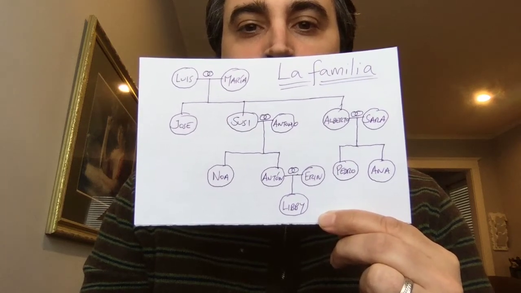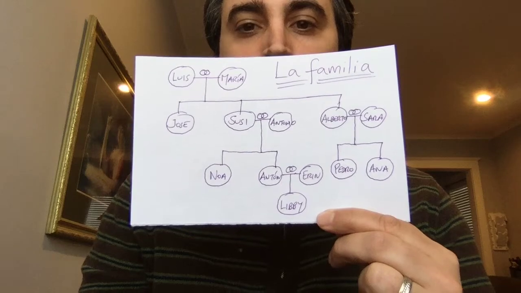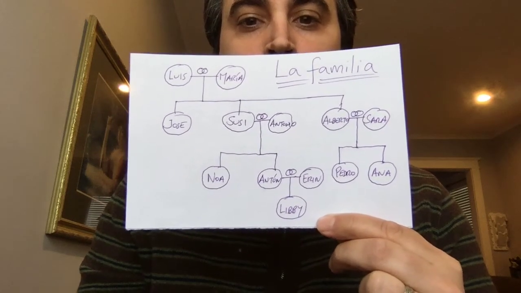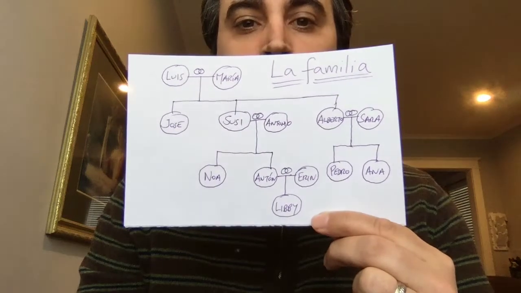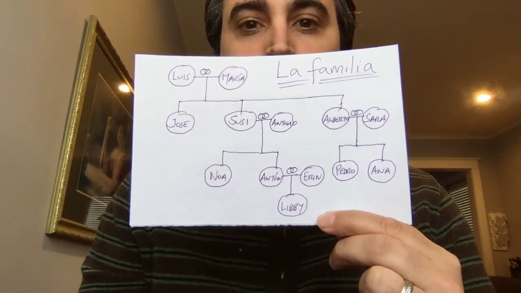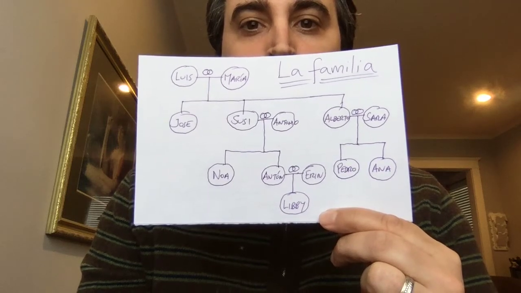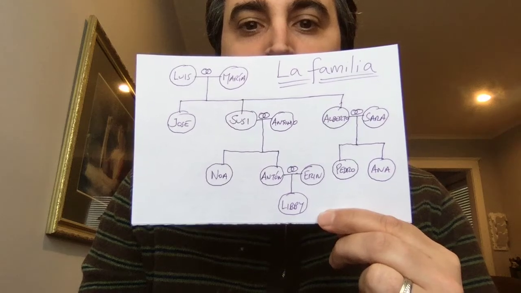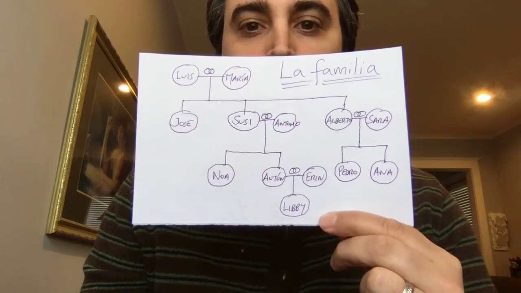By looking at this family tree now, you can, if you want, pause the video, and try to write any sentences that come to mind based on the relationships that are portrayed in this family tree, en el árbol genealógico.